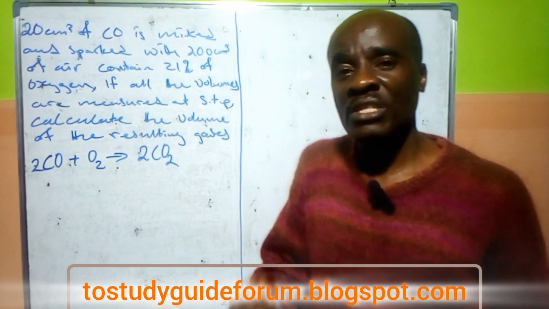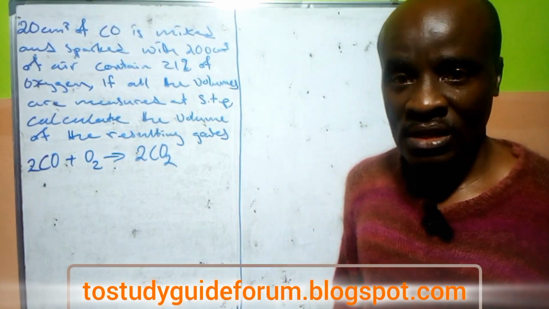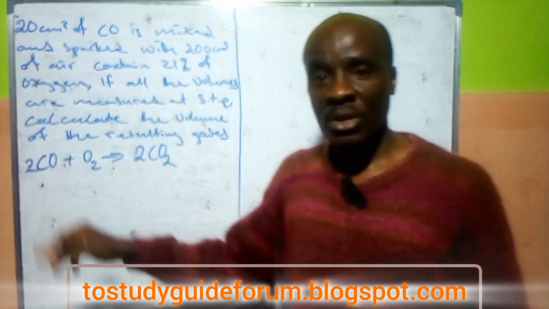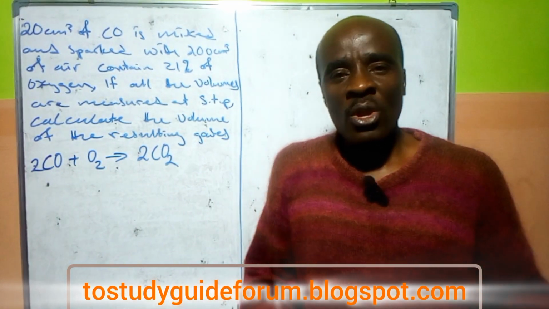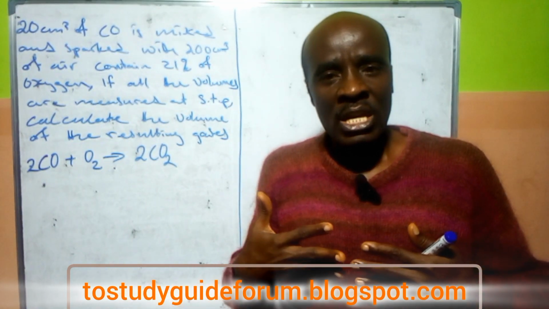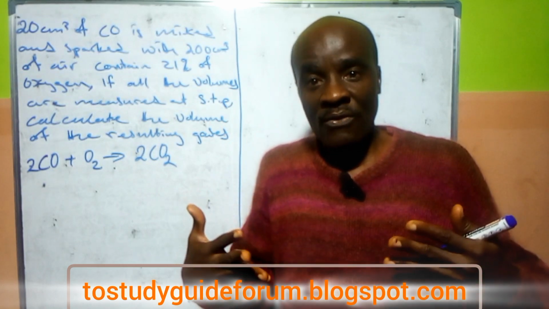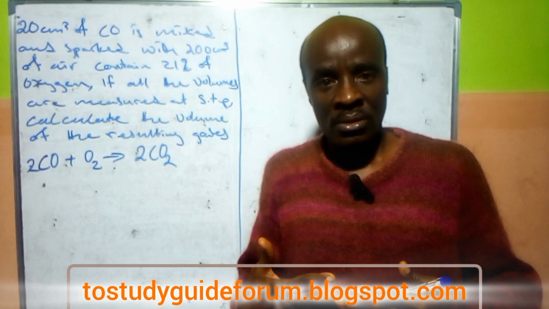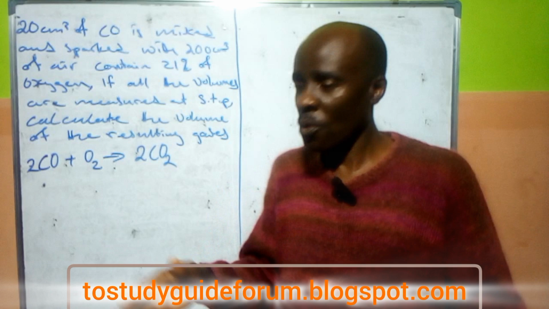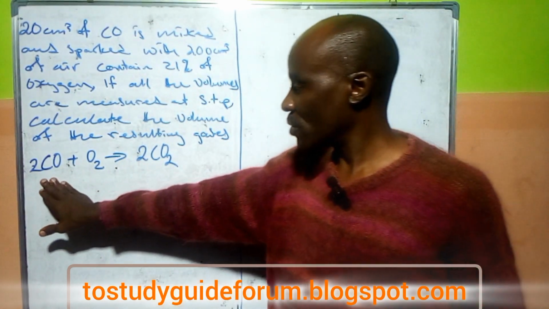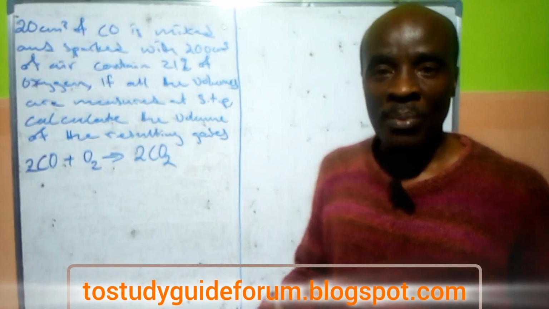That means at the end of this chemical equation, according to that law of Gay-Lussac, after the combination, the gases will only combine based on the ratio of their volume of combination. Every other gas there will not go into reaction because they are not part of that ratio. No matter the volume of carbon 4 and oxygen there, at the end of the reaction, they will always combine based on this ratio.